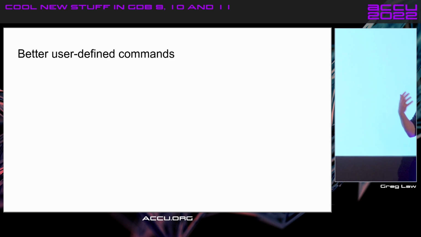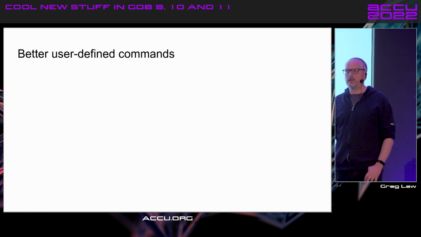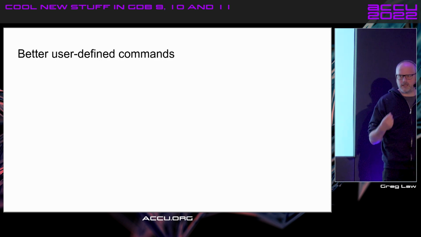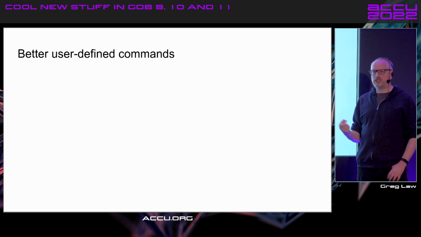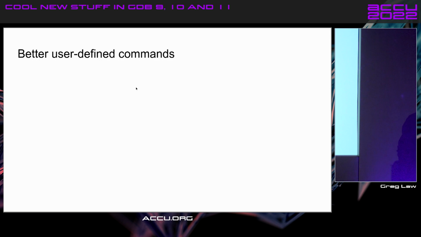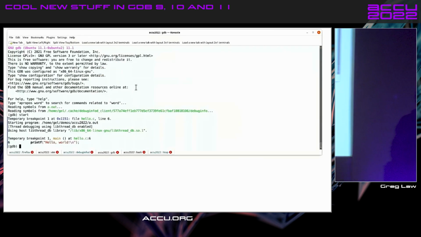You've got much more control, but it's a bit painful, and I can never quite remember what to type when adding user-defined commands through the Python integration. But I can always remember how to do it in the good old-fashioned pre-Python GDB way because it's super simple.